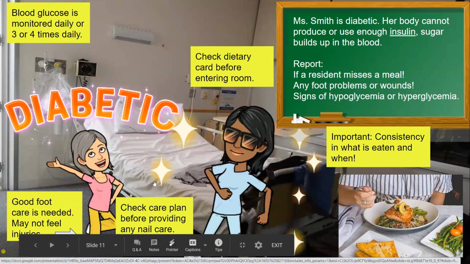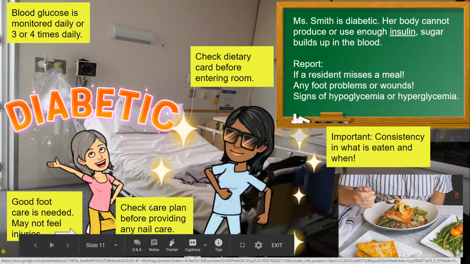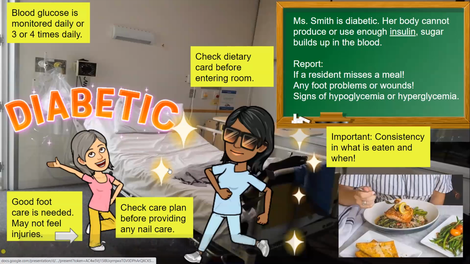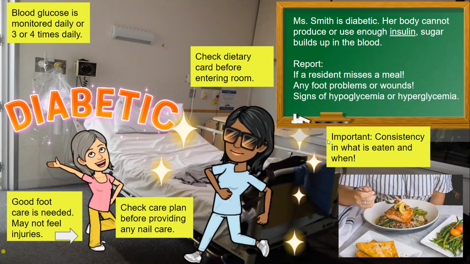Always check the care plan before providing any nail care. This may not be the job of the CNA, depending on the resident. Check the dietary card before entering the room. And remember, consistency in what is eaten and when is very important.